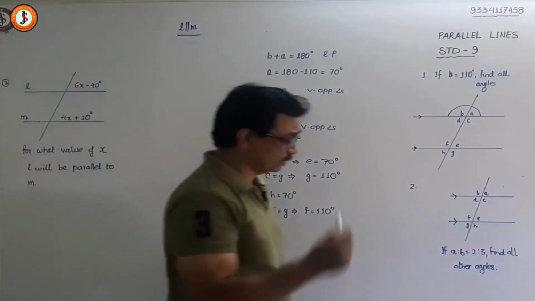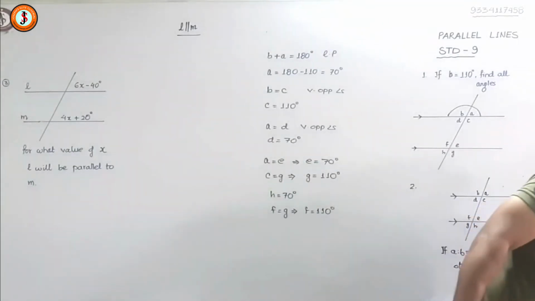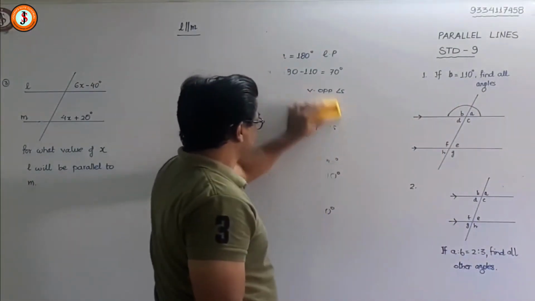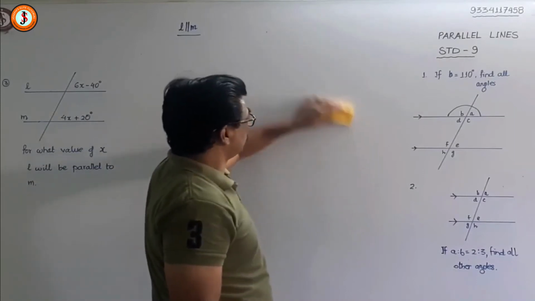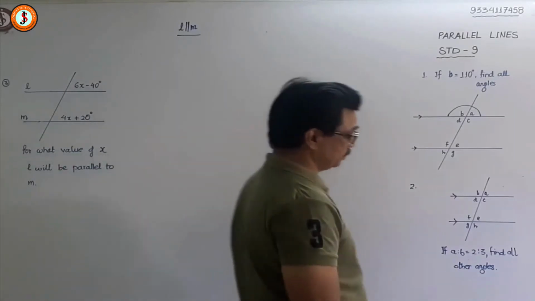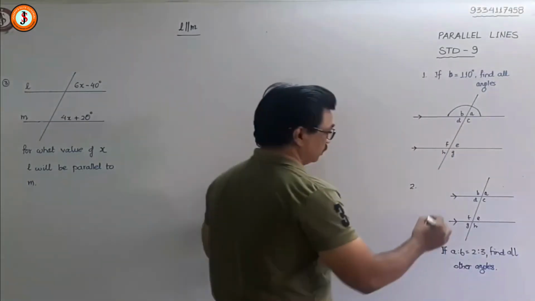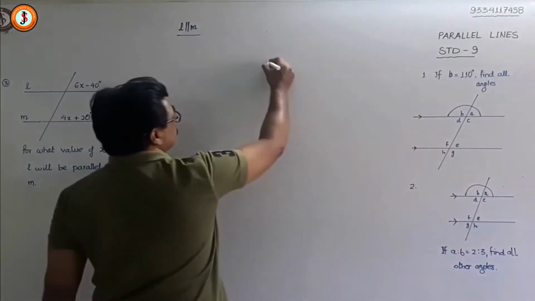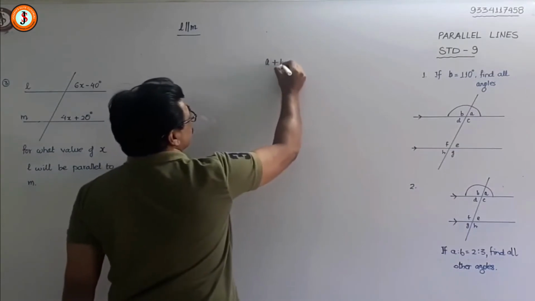Now let us go to the next part. Same question but presented in a little different way. Let us see. They are telling A is to B is 2 is to 3. But A plus B is equal to 180.